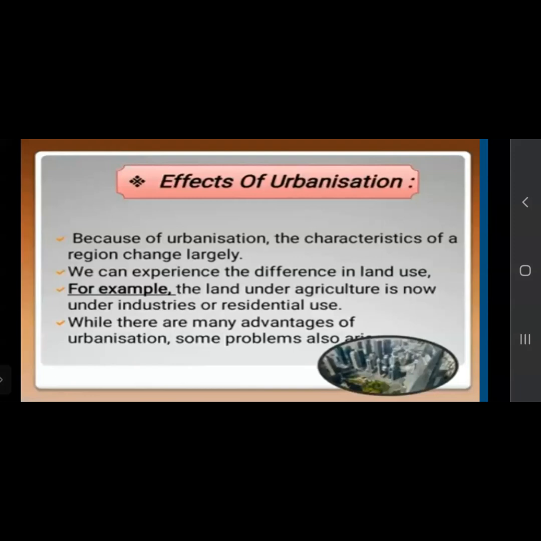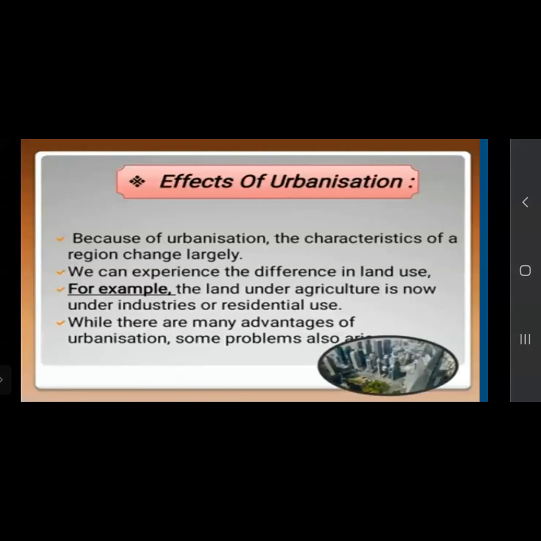The example is, previously when the village was not urbanized, the land was maximum used for agriculture. But as the village slowly goes through the process of urbanization, the use of land changes from agriculture and farming.